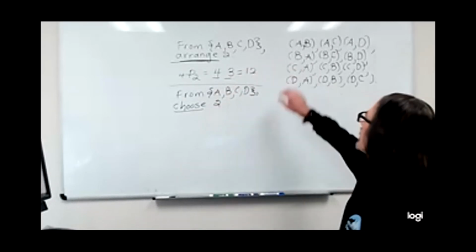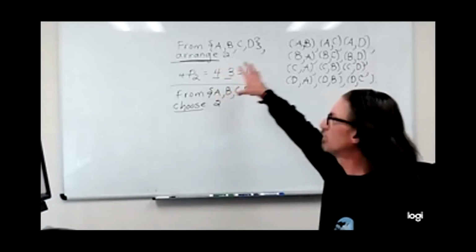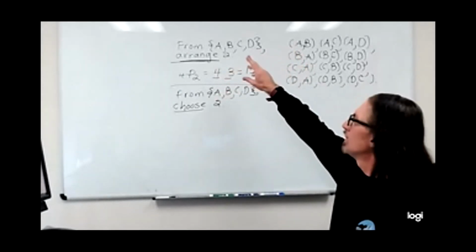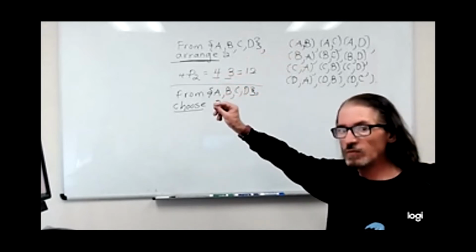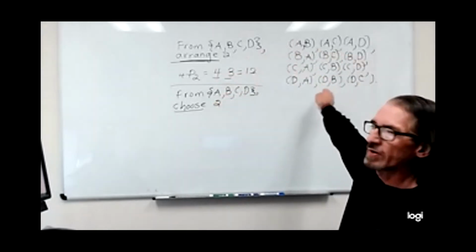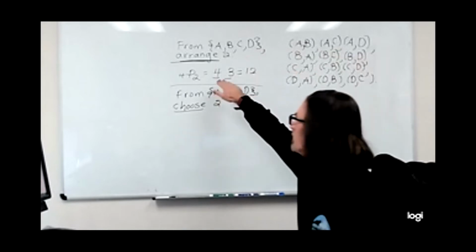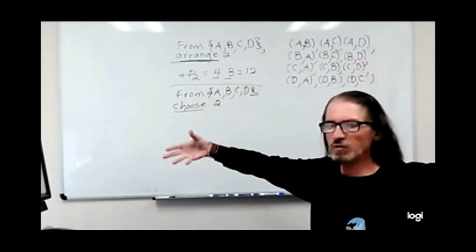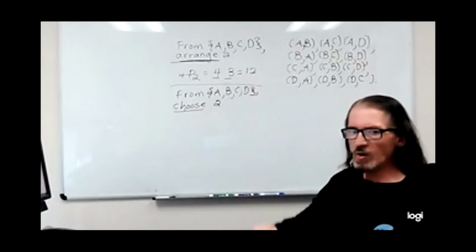Now earlier we had both seen from 4 things, picking and arranging 2 of them, that there are 12 ordered pairs we could come up with, comparing that to a special case of the multiplication principle. We also came up with 12.